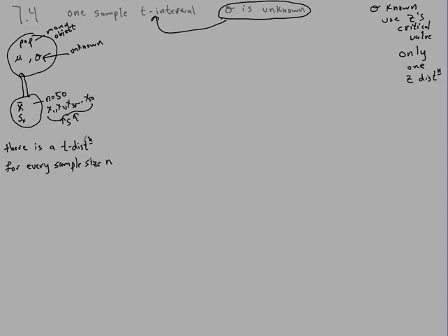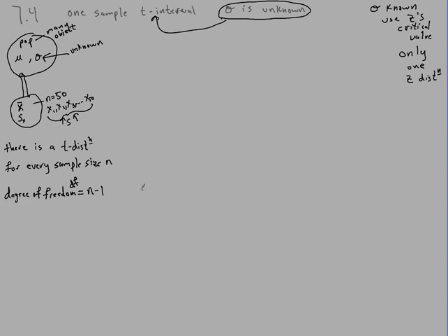What determines our t distribution is this thing called the degree of freedom. Let me write that out. The degree of freedom, which we always call df, is always equal to your sample size minus 1.